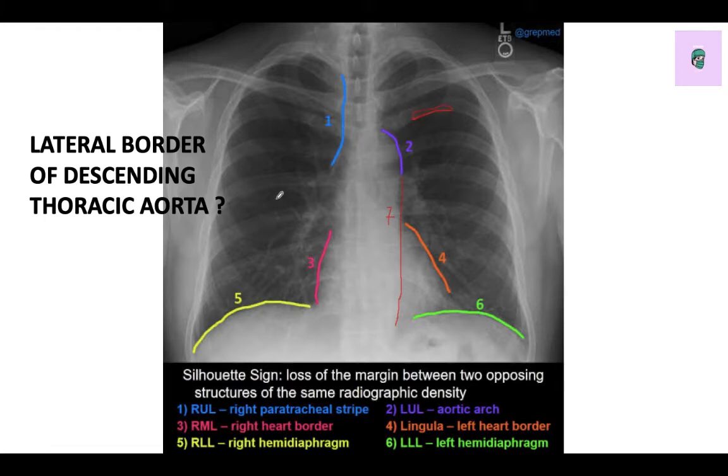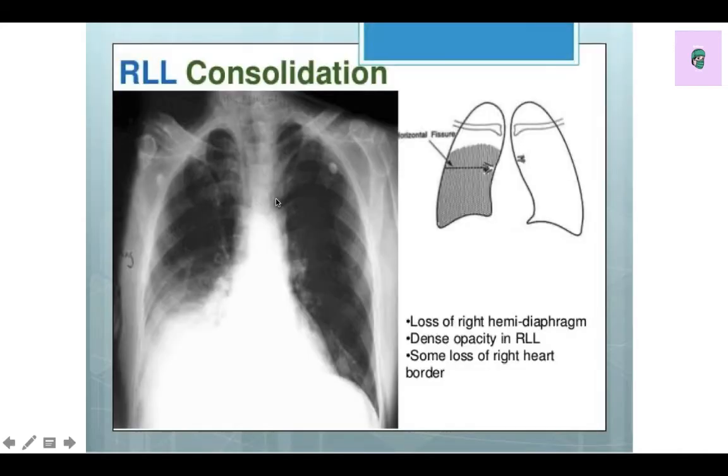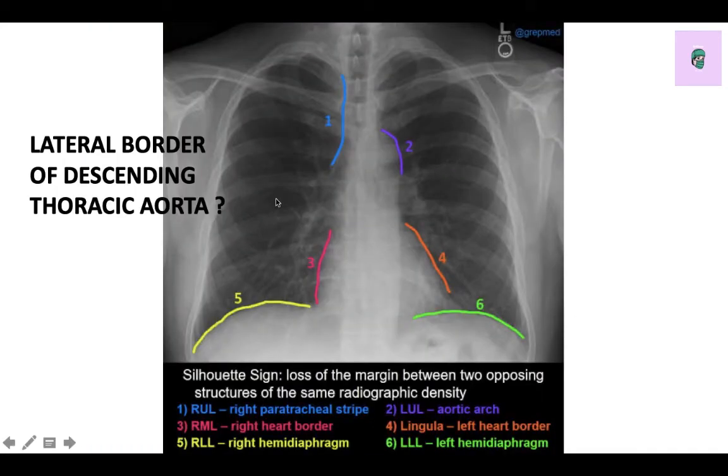Okay, so let's dive into it. What do I mean by that? Number one, if your right mediastinal border is missing in the picture, don't worry. If you are confused right now, we are going to practice the questions in just a minute and you'll understand it very nicely.